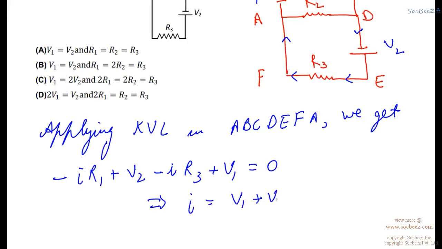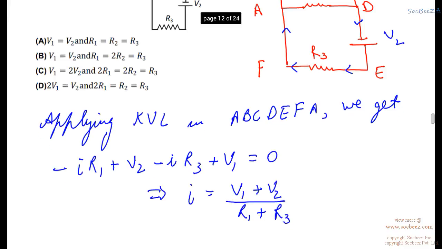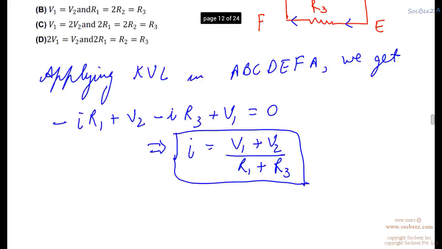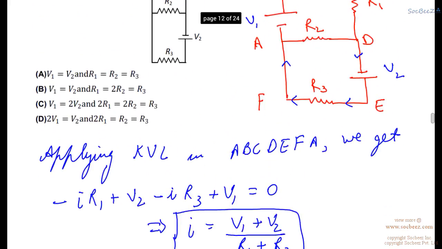So this gives us I equals V1 plus V2 upon R1 plus R3. Okay, so value of I is V1 plus V2 upon R1 plus R3.